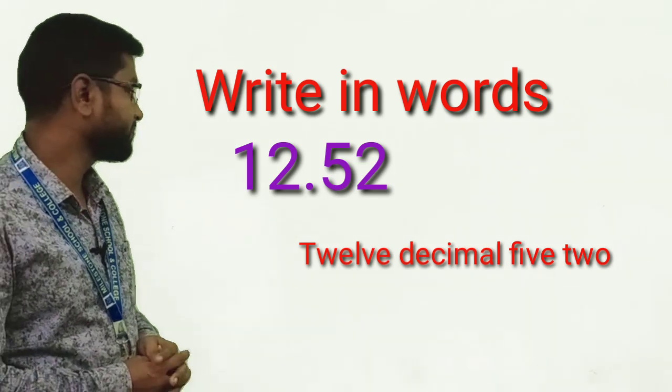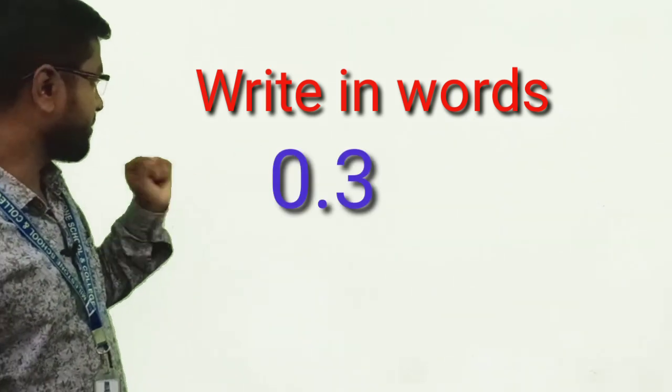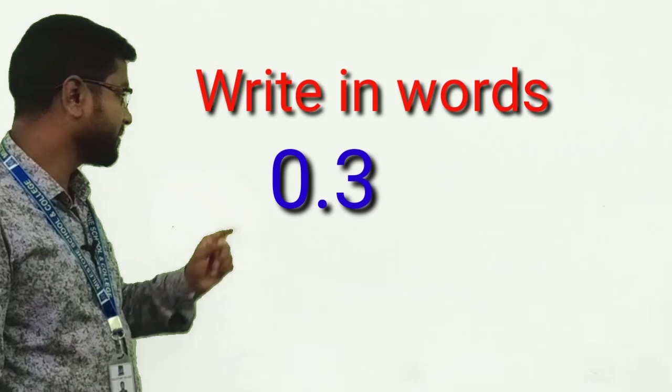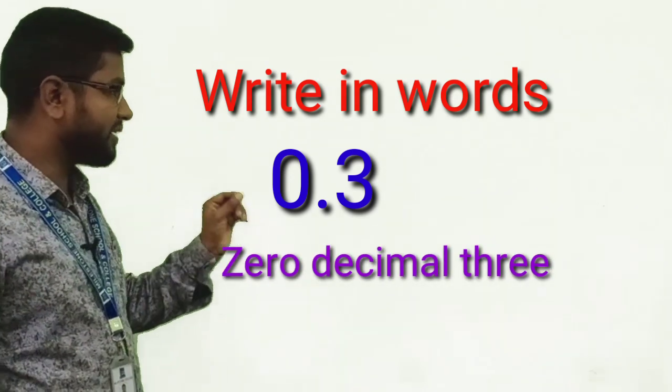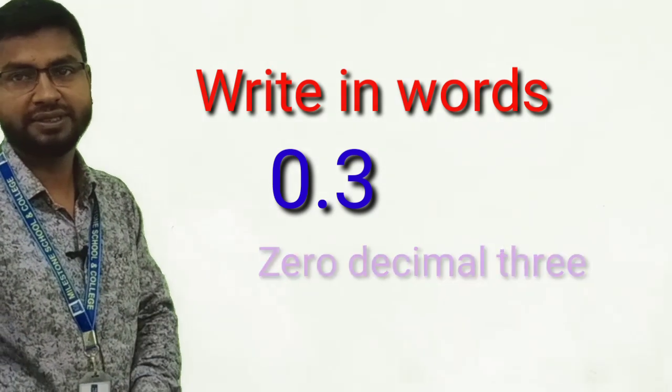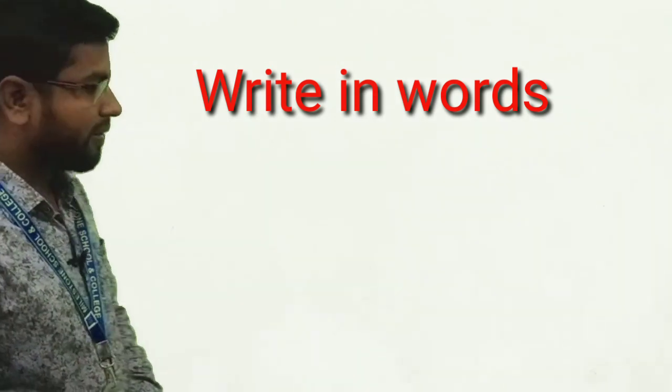Second one, 0 decimal 3. We will write in words 0 decimal 3. After the decimal there is no other number, that is a single digit, so we will utter it as a single digit.